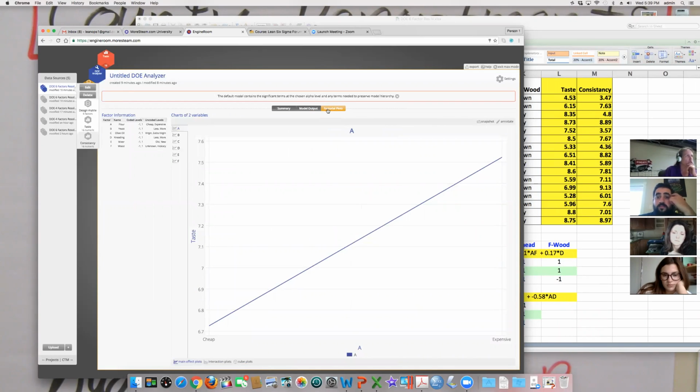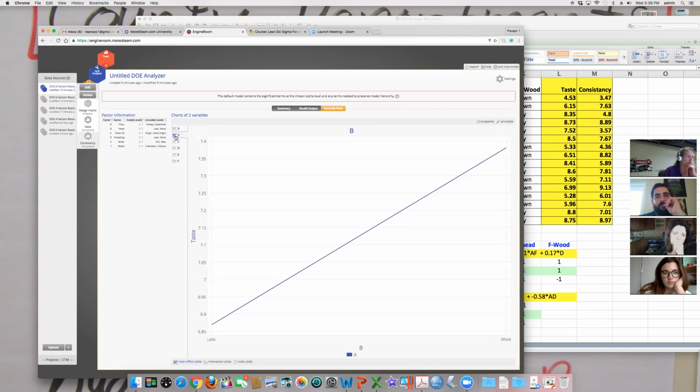The other thing on this model is to look at the interaction plots. For each one of the main effects, we can see what the effects are here. So this says that for flour, cheap generally gives us a lower value than expensive. You can see what the slope of that line is, or at least get a graphical representation. Same thing on B, which was the yeast, I think.